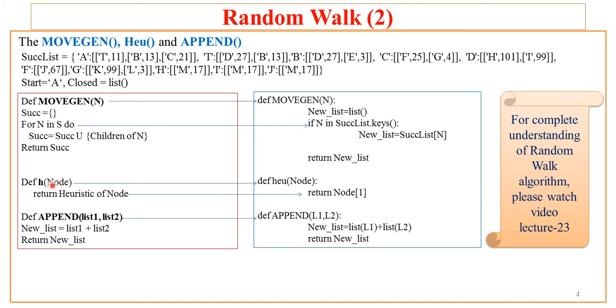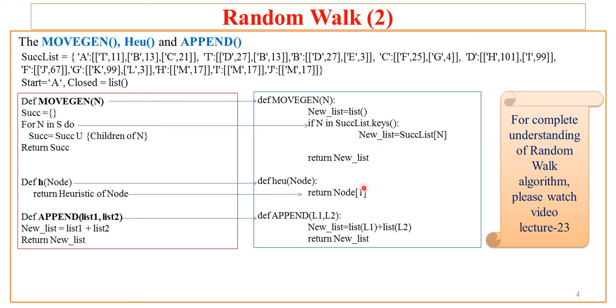Similarly, the heuristic function takes a node and returns the heuristic value of node n. The heuristic function is defined in Python as def heu. It takes a node and returns node of 1. That is, here the node is nothing but a node and its heuristic value. So focus here where I'm pointing now.